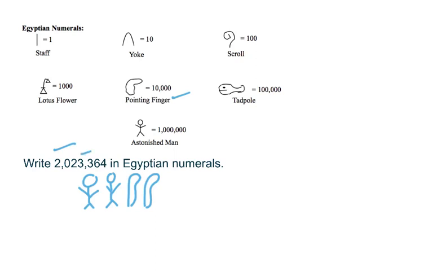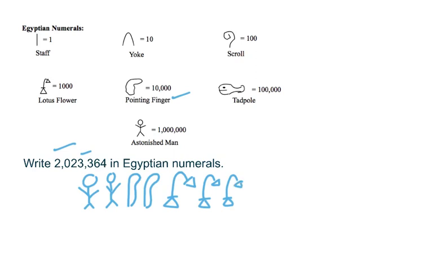So the 3,000 is the lotus flower. I'll need to draw 3 lotus flowers. That's basically a triangle, an arc, another triangle, and a little line like that. Got 3 of these, so there's 1, 2, 3. So that's the 3,000.